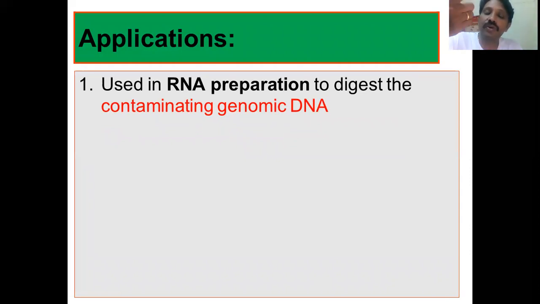So if you want to do northern blot also, genomic DNA must not be there. So whenever you are preparing RNA, total RNA or mRNA, once you isolate the RNA, then on-column DNA degradation assays are available.